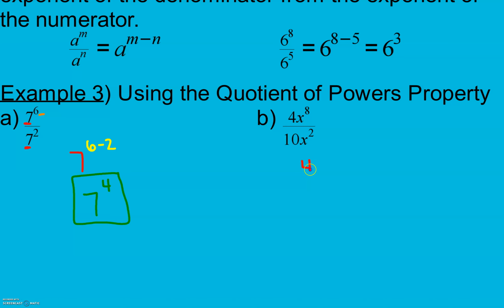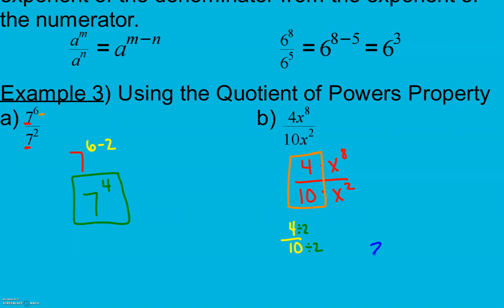Here, I have 4 times x to the 8th power over 10 times x squared. I'm going to treat these as two separate pieces. I'm going to work with my coefficients like one fraction. So between 4 and 10, my greatest common factor is 2. So I can divide each of them by 2 to reduce that fraction.